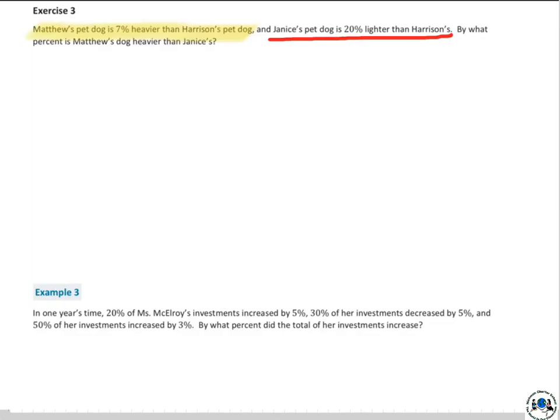The question now is, by what percent is Matthew's dog heavier than Janice's? Very similar problem, just with names and dogs. I'll give you some time to muddle through that one, and hopefully you'll come back successful.